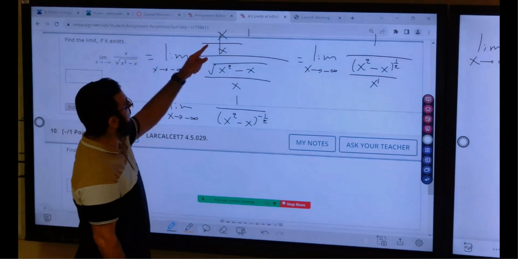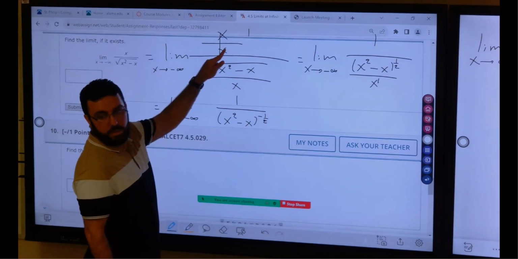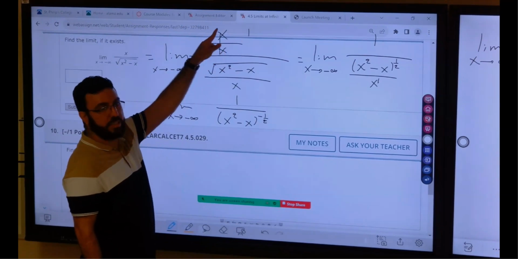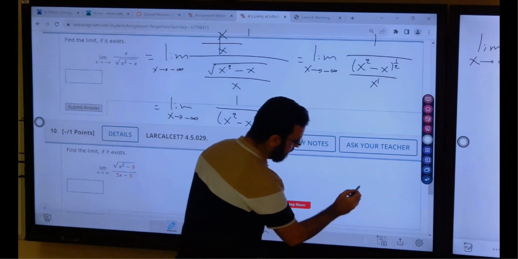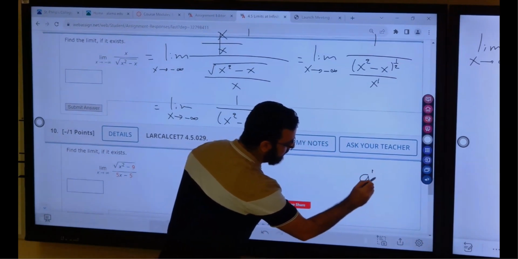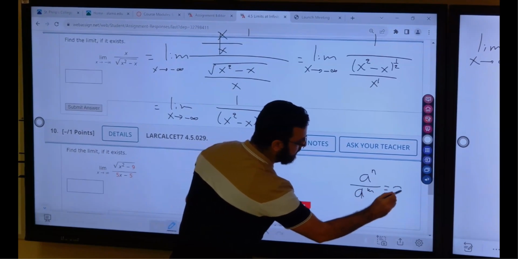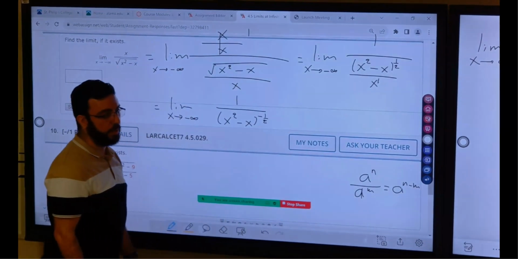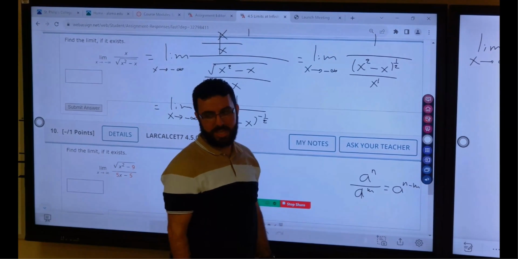You can say a to the n minus n; it's one of the exponent rules. Is that the same base here? No, so we can't do that. Okay. Mission failed.